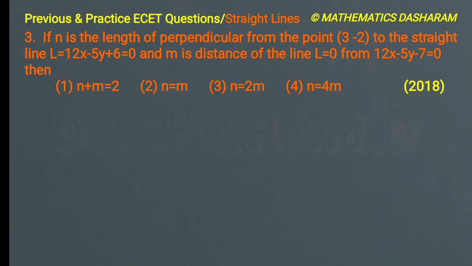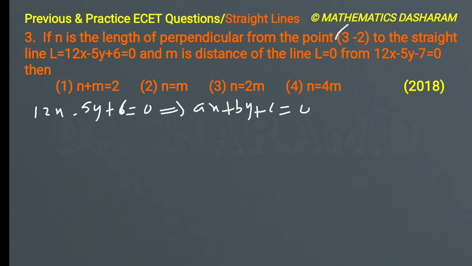The given equation is L equals 0, so 12x minus 5y plus 6 equals 0. Compare with the standard form ax plus by plus c equals 0. Next, one point is given, that is 3 comma minus 2. It is compared with x1 comma y1.